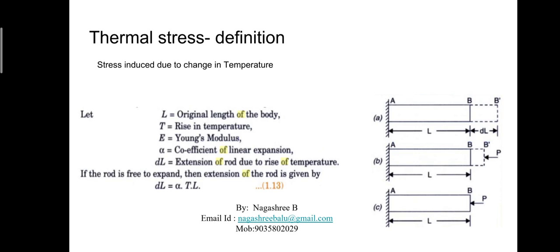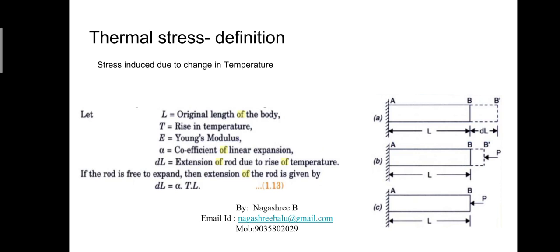This is shown in figure 1, Figure A, wherein AB represents the original length, and BB dash represents the increase in length, that is dl, due to the temperature rise.